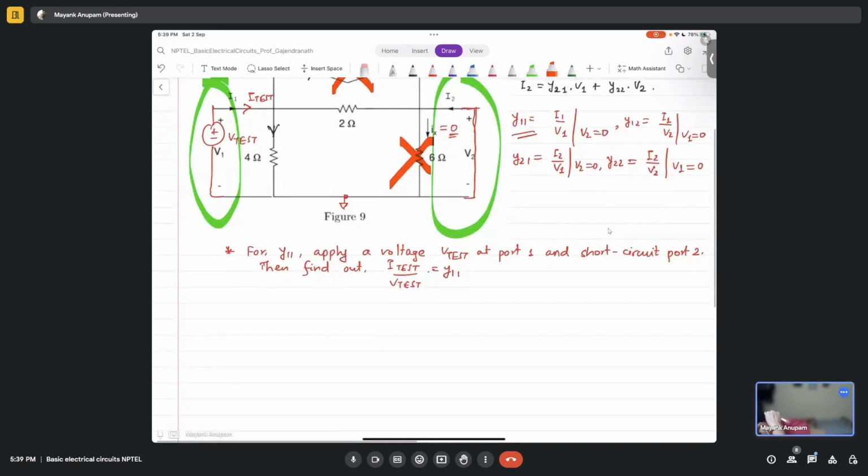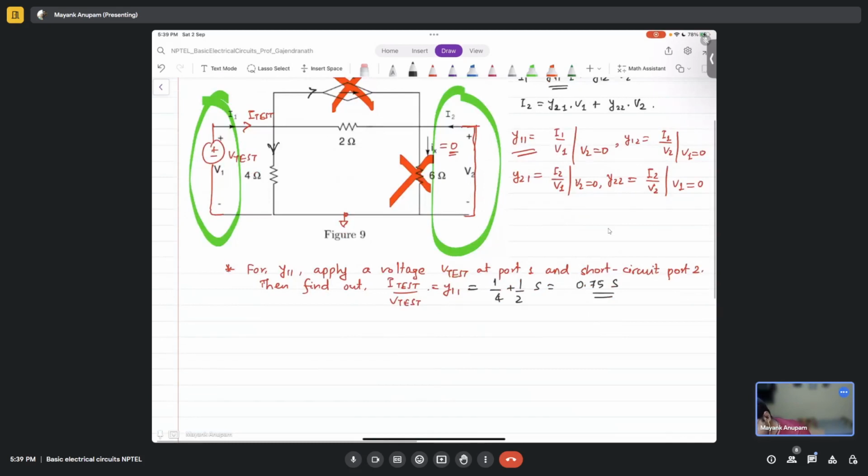So what will be Y11 in that case? It will be 1 over 4 plus 1 over 2 Siemens. And this will be 0.75, right? Yes, sir. Fine, so this is done.